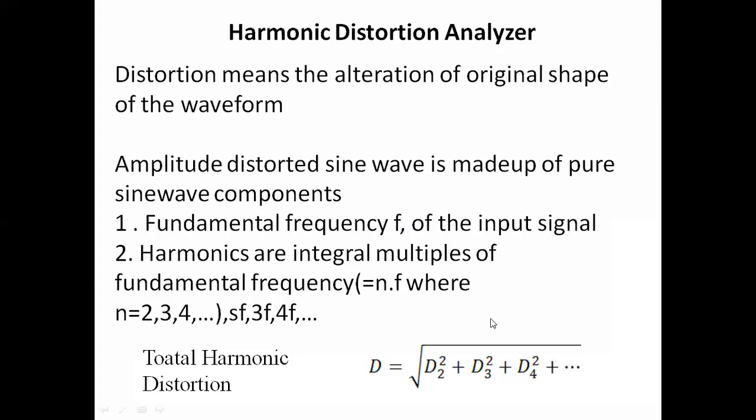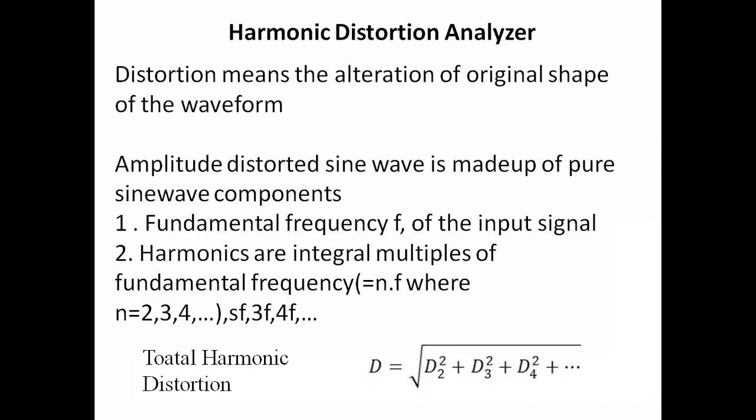So we have a given sinusoidal signal having a fundamental frequency signal and its harmonic signals, and the frequencies of the harmonic signals are multiples of the fundamental frequency. Here we have n times f, where n is 2, 3, 4 and so on, and f is the fundamental frequency.